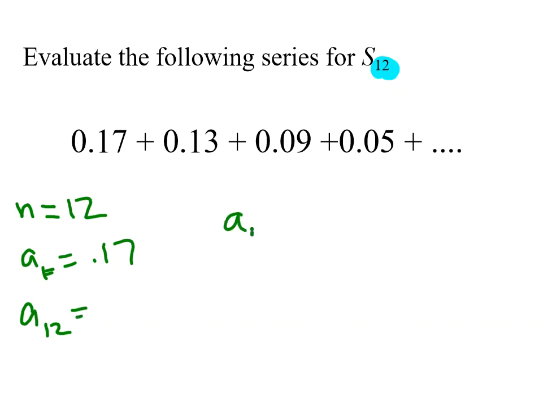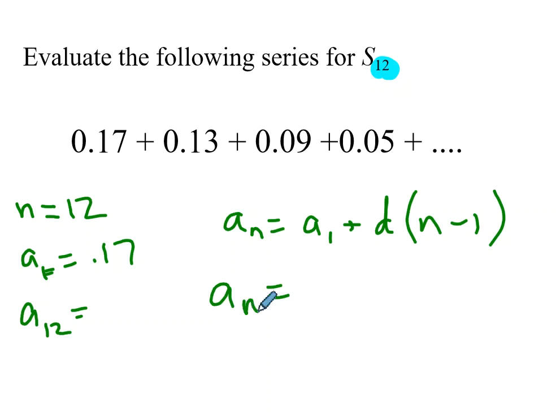So AN is A1 plus D times N minus 1. That's our arithmetic sequence formula, which is really just plain slope. How funny is that? A1 is 0.17. Our common difference here is negative 0.04 and N minus 1.